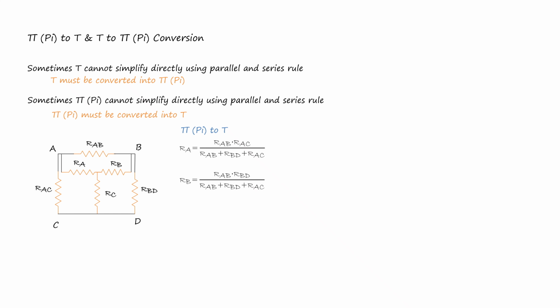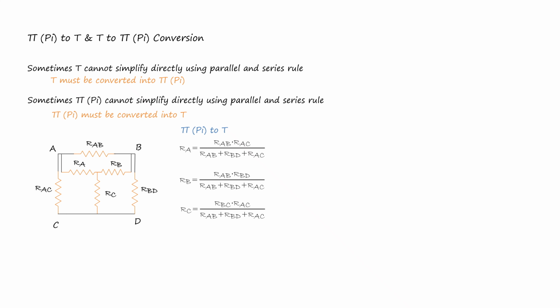And RB is equal to RAB times RBD divided by the sum of resistors in pi. Also RC is equal to RBC times RAC divided by the sum of resistors in the pi network.